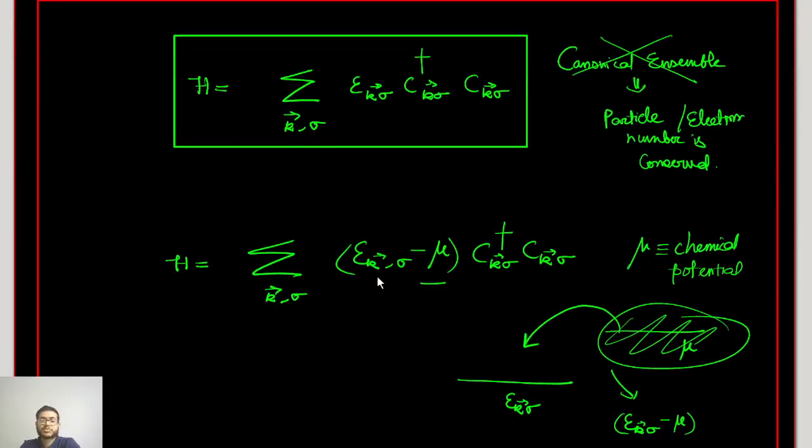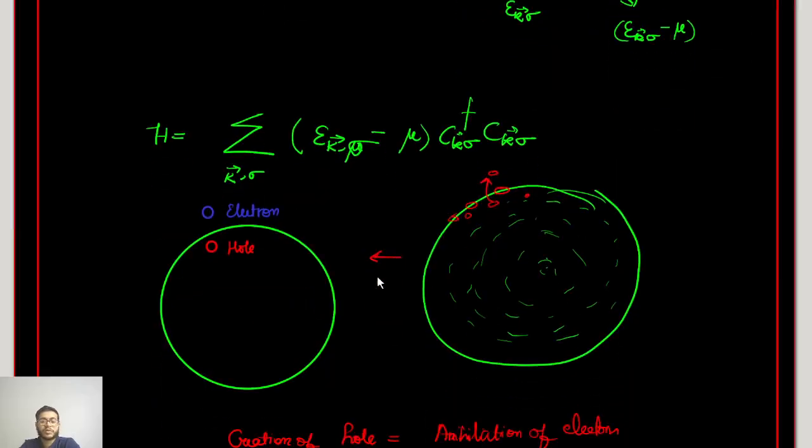And then we talked about how the excitation of this ground state can also be an electron and a hole. So the ground state is one electron each in every state up until the Fermi energy. But the excitation can be removing an electron from inside or adding an electron outside.